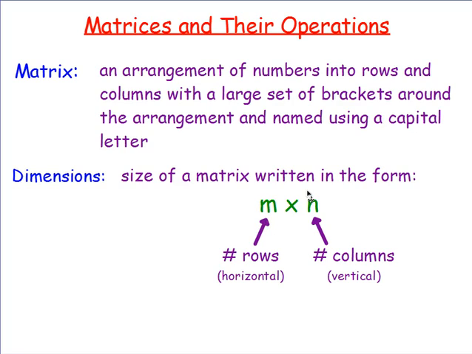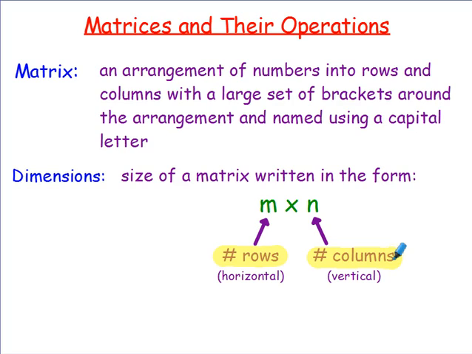M is the number of rows, and rows go horizontally, and N is the number of columns, and columns go vertically. So you count how many rows there are, and that's the first number, and you count how many columns there are, and that's the second number.